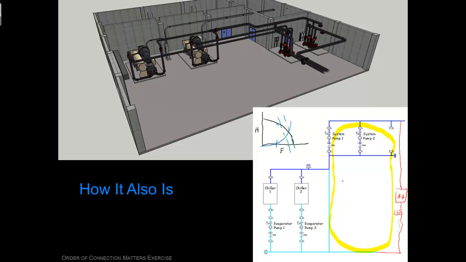The problem was, and you might say, well, gosh, why didn't you just vary the flow through the whole shooting match, including the chillers? Well, at that point in time, the chiller control technology wasn't good enough to let us vary the flow much in the evaporators. You absolutely never allowed the flow to vary in the evaporator of a chiller. And the way we did that before the energy crisis was we just put three-way valves out here on these air handling units.